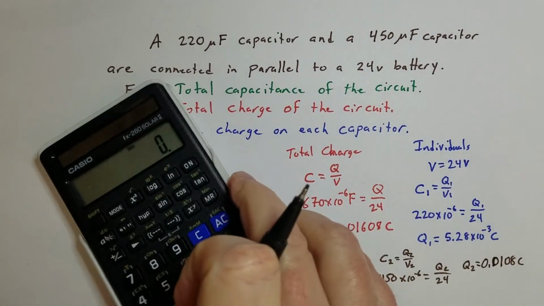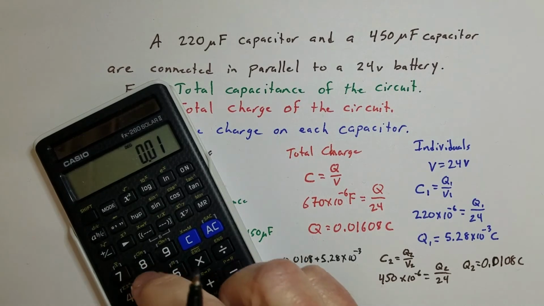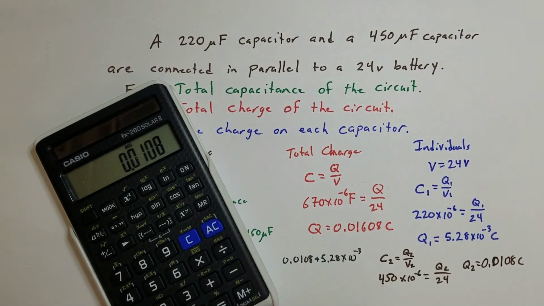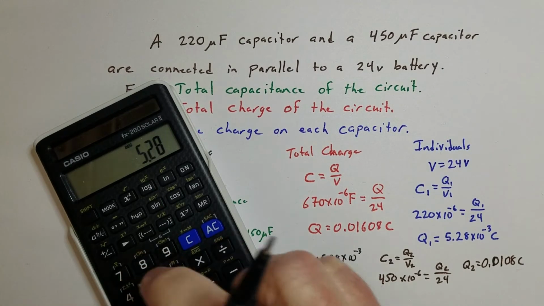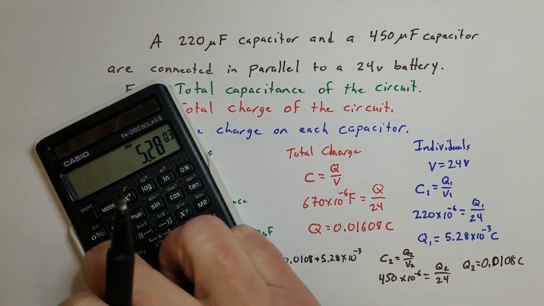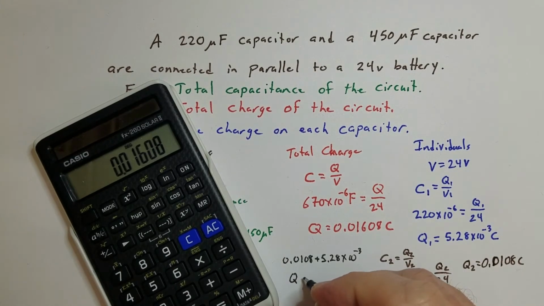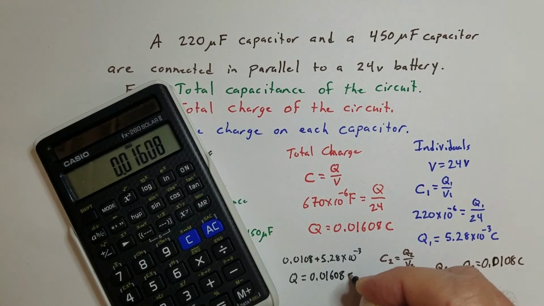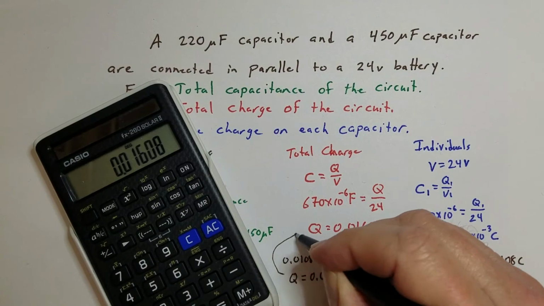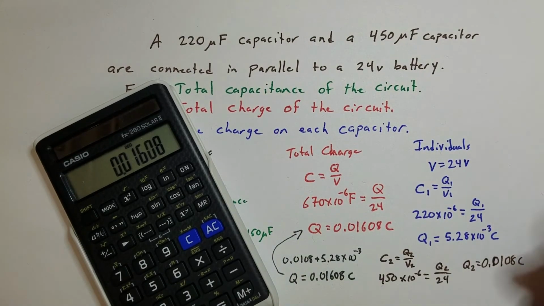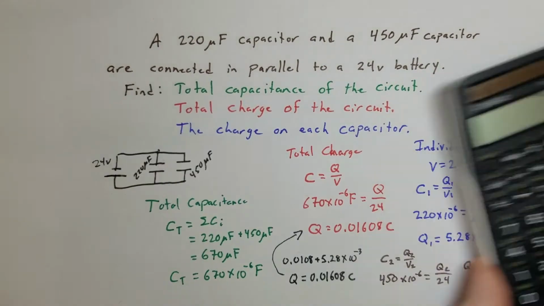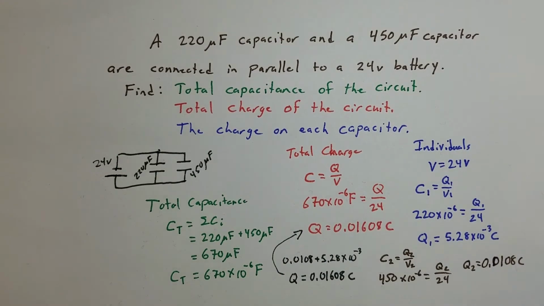If we add those together, 0.0108 plus 5.28 times 10 to the minus 3, we get the total charge to be 0.01608 coulombs, which matches what we got there. So we know we got everything right. So that's a good thing, is we can actually check our answers for this.